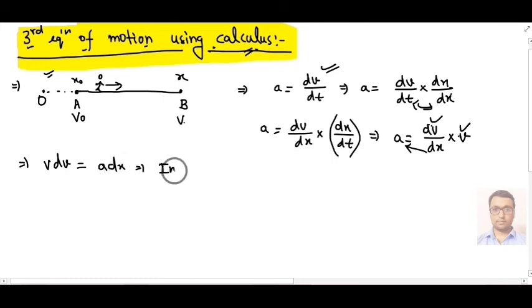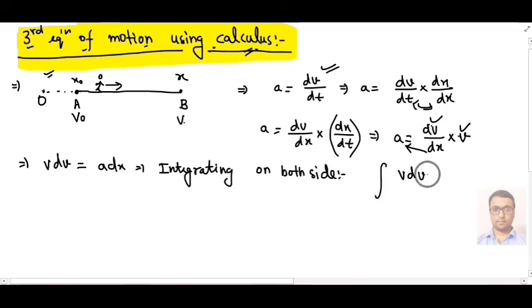Then you have to integrate. If you integrate, then you have to put the sign of integration, that is, integral of v dv equal to integral of a dx. Now remember, this is the first differential coefficient and this is the second differential coefficient.